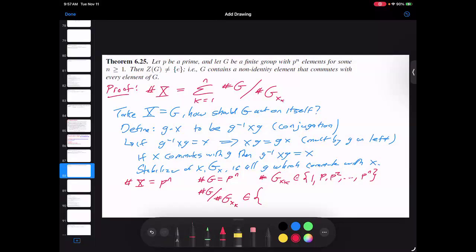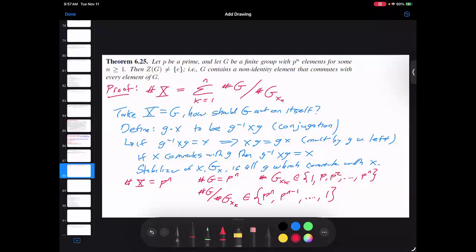So we've got the cardinality of G is p to the n. If the cardinality of the stabilizer is 1, what would that ratio be? P to the n. If the stabilizer has size p, what would the ratio be? P to the n minus 1. And it goes all the way down to 1. So notice all of those numbers are divisible by p except for 1.